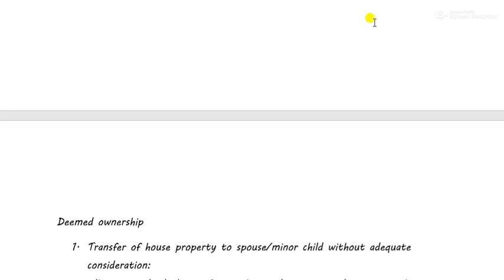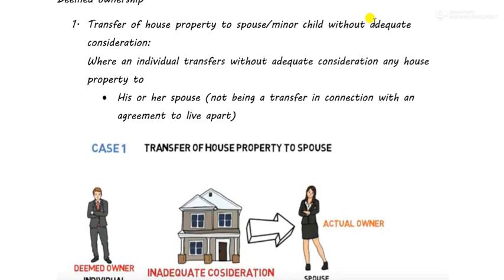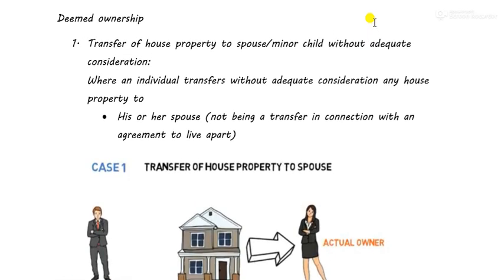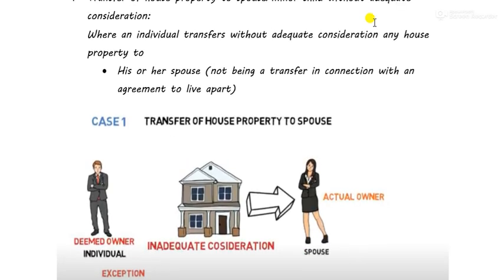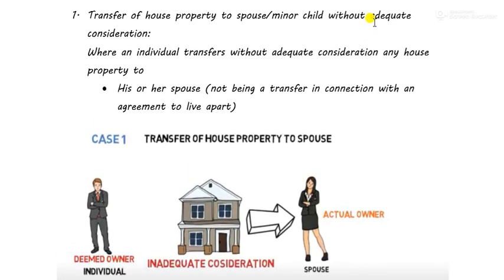So the first point is transfer of house property to spouse or minor child without adequate consideration. Sometimes a husband or a person transfers his house property to his wife or husband respectively. Suppose this is Mr. A and he has transferred his house property to his wife.